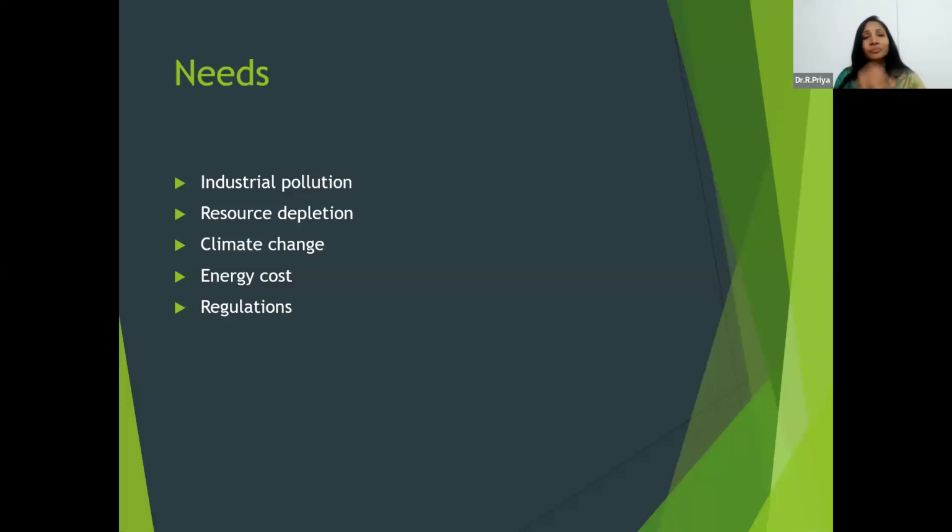Then regulations are becoming stricter. Governments now demand compliance with environmental laws related to emissions, waste, and safety. So companies that adopt green manufacturing stay legally compliant and competitive in the global market. Together these needs make green manufacturing not just a choice but a necessity for sustainable industrial growth.